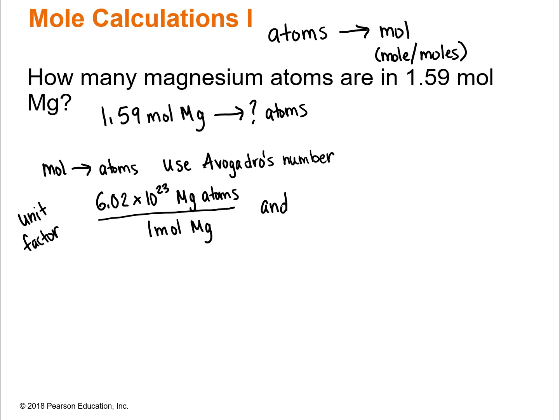And you can write in the chat how you get the other conversion factor. You don't have to write out the whole conversion factor, but just tell me how you figured it out. Exactly. It's the reciprocal. You just flip it.